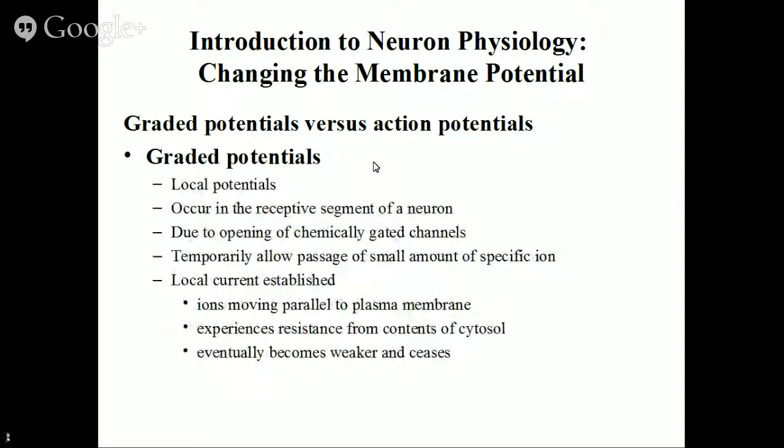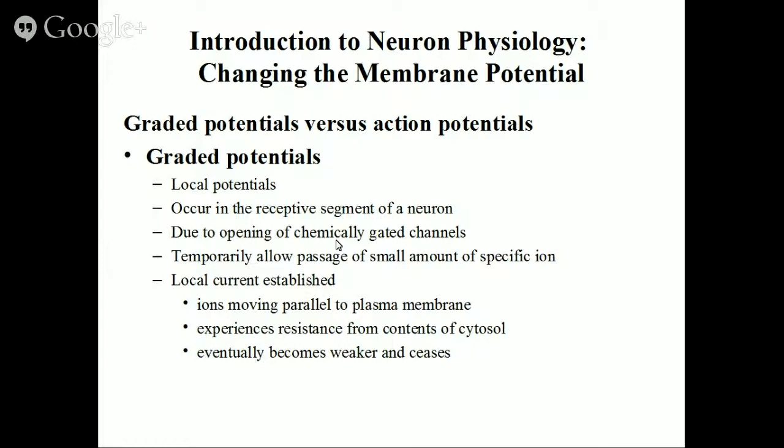And we talked about a graded potential. I mentioned to you that it was a local current. It had a local effect. These are called local potentials, graded potentials, because notice that they occur in the receptive segment of the neuron. So they occur there in that upper cell body and dendrite area. It is due to the opening of chemically gated channels, which remember that chemically gated channels open because of a chemical.